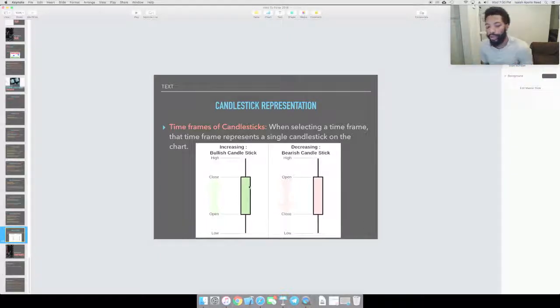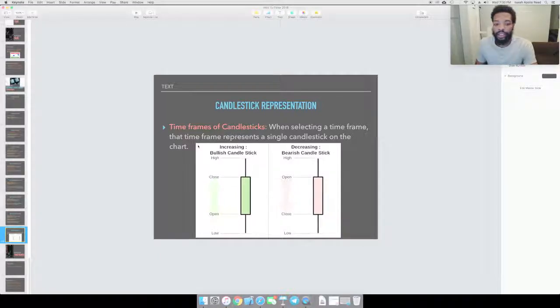If you guys don't remember the candlesticks, go to the candlestick episode and review that. Same with the bearish candlestick right here. It opened up right here in the month, and then it closed down here a few hundred pips, whatever.